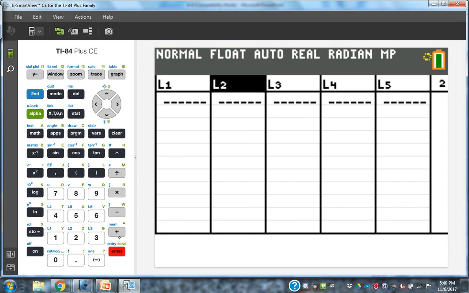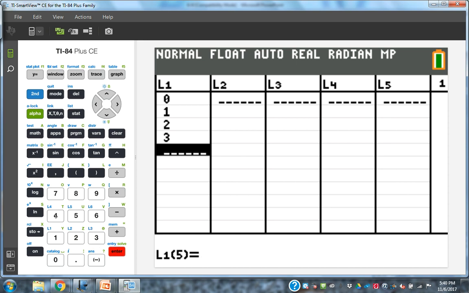Clear, Enter. And then in list 1, I'm going to put the X values, the years that they gave me there. So 0, 1, up to 6. And then over in list 2, I'm going to put those numbers for the account value.